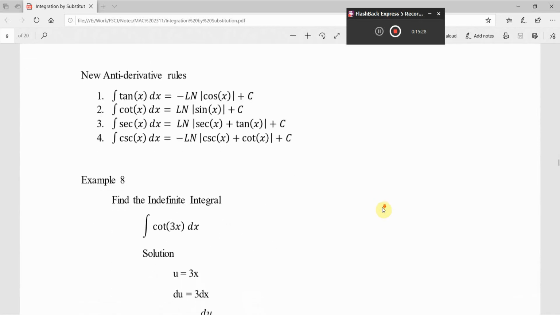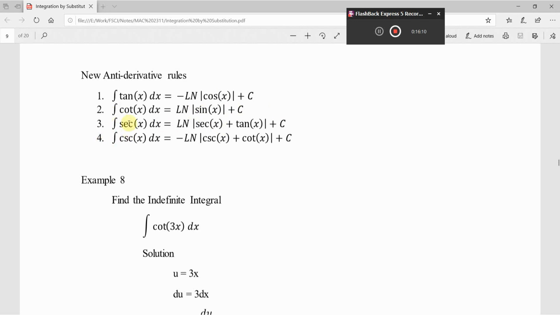So here are 4 new antiderivative rules that we need to put into our primary memory. So the first one is the antiderivative of tangent of x dx, that is equal to the negative of the natural log of the absolute value of cosine of x plus a constant. Number 2, the antiderivative of cotangent of x dx, that is equal to the natural log of the absolute value of the sine of x plus a constant.